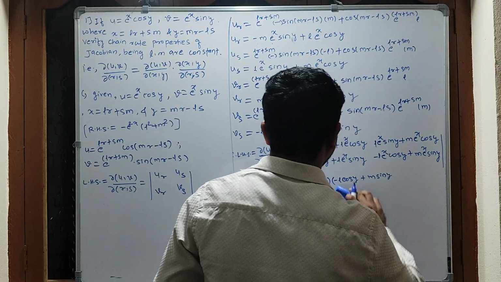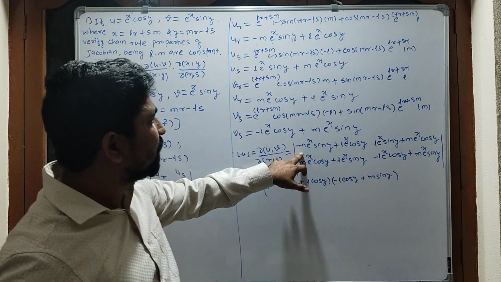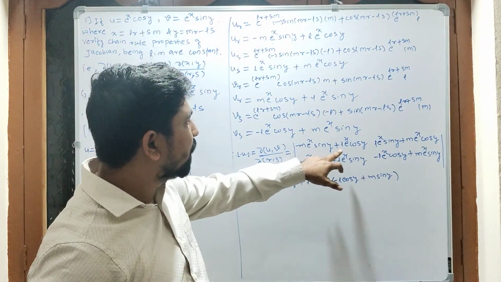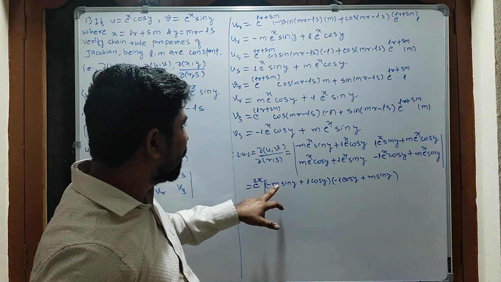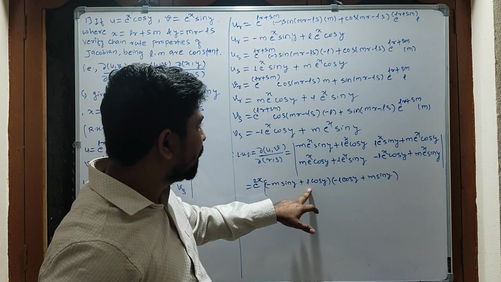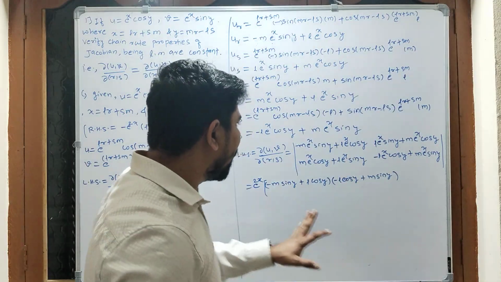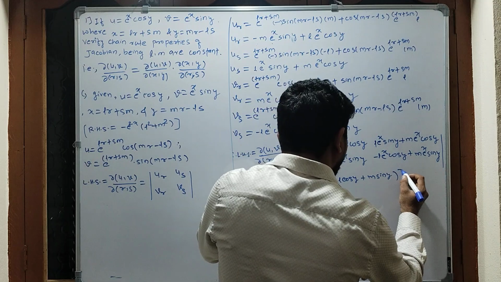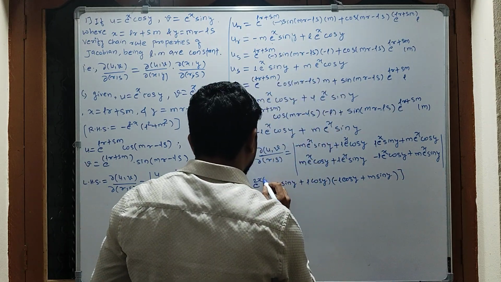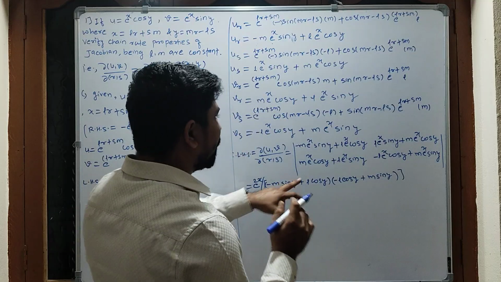So this is my first bracket: minus m e to the power x sin y plus l e to the power x cos y, with e to the power x already taken common, so minus m sin y plus l cos y times minus l cos y plus m sin y, my first bracket, minus, and then the second bracket for this.